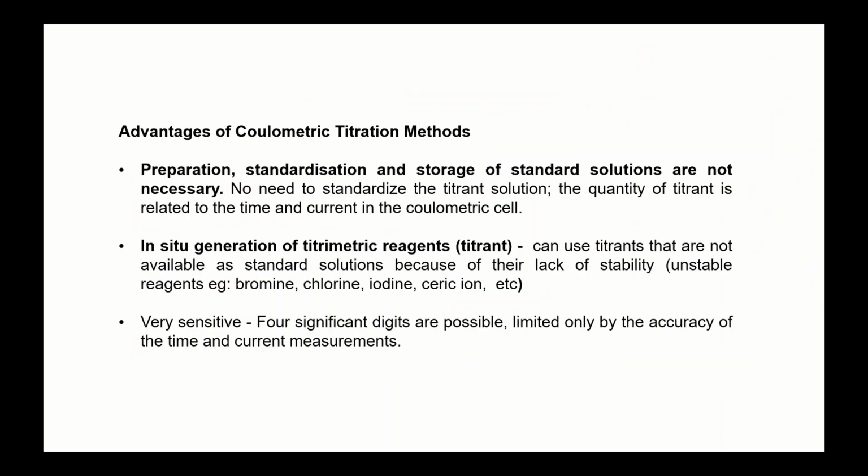The advantage of coulometric titration is that the preparation, standardization, and storage of standard solution are not necessary. For example, in conventional titration, you prepare acid and base, then you must add the indicator phenolphthalein.